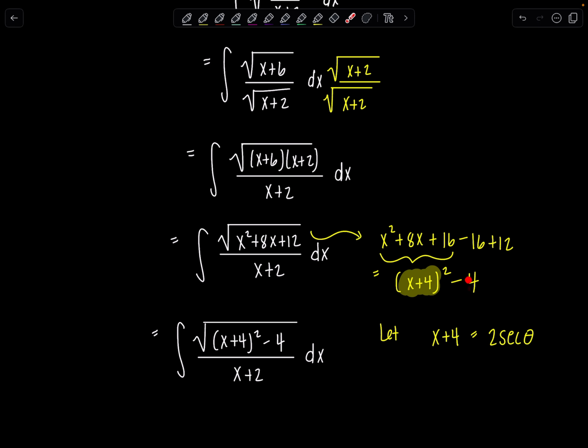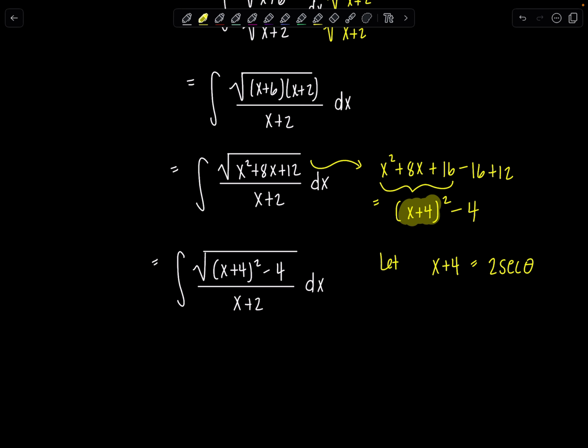Why 2? Because you always put the square root of that constant as the coefficient on the trig function. Okay, fabulous. Then I need to figure out what dx is. So differentiate both sides. Derivative of x, 1 dx. Derivative of 4, 0. Derivative of 2 secant theta is 2 secant theta tan theta d theta.